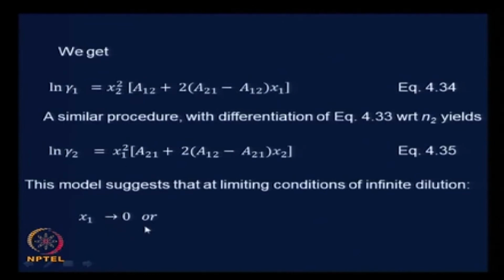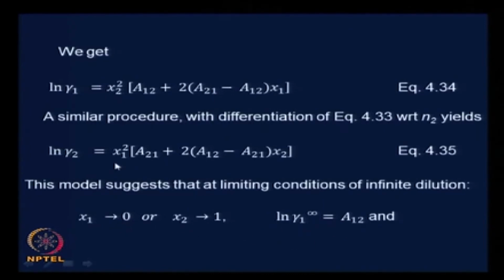Therefore, when x1 tends to 0 or x2 tends to 1, which is one and the same thing, ln of gamma 1 at infinite dilution is a12.